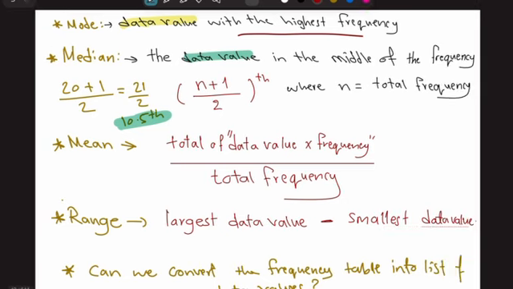Now I'm gonna take my value, which is 35, and of course we're gonna divide it by the total frequency here, which is 20. So after you do this, 35 divided by 20, it's going to be 1.75.